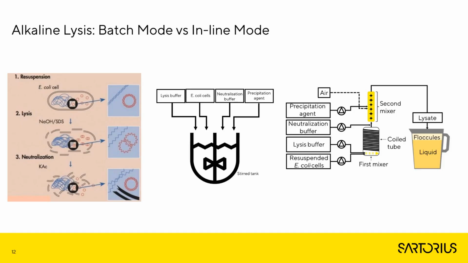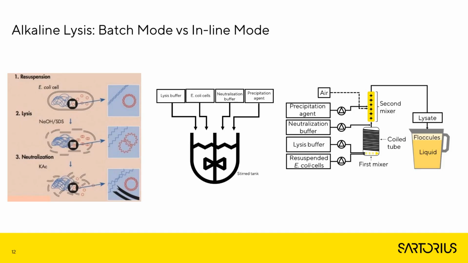Traditionally, alkaline lysis has been performed in so-called batch mode. This simply means that resuspended cells were mixed with lysis buffer, with sodium hydroxide. Then neutralization buffer was added, and then precipitating agent was added. Everything was stirred all the time.